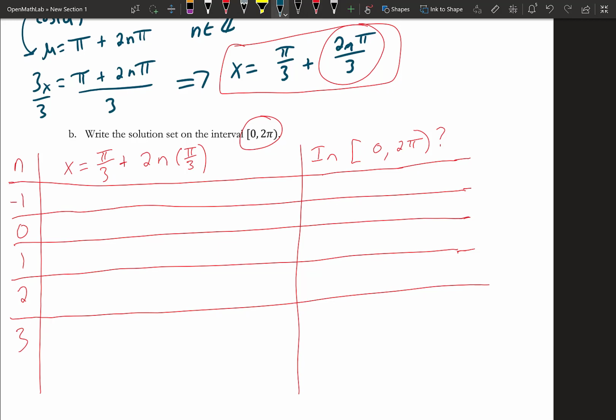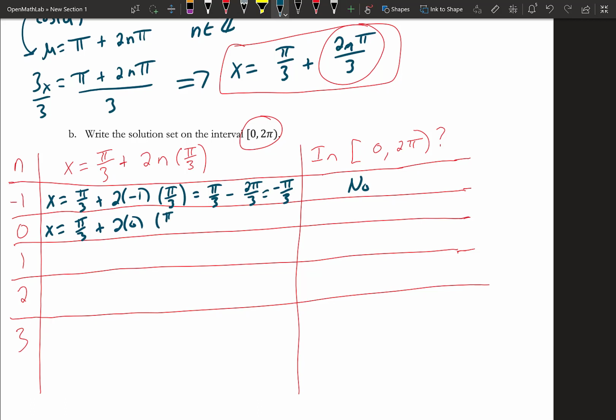If I plug -1 in, we have x equals pi over 3 plus 2 times -1 times pi over 3. This would be pi over 3 minus 2 pi over 3, which is equal to negative pi over 3. So this is not in that interval. It's less than 0.